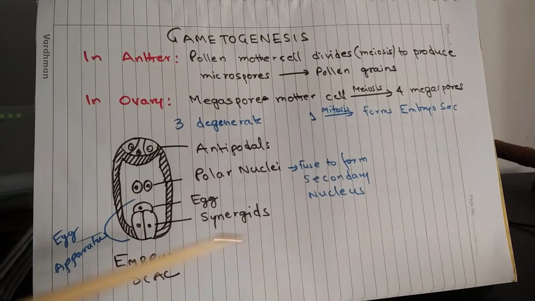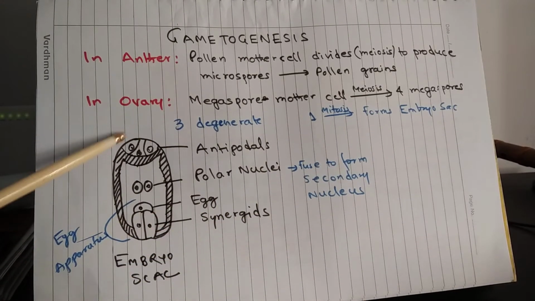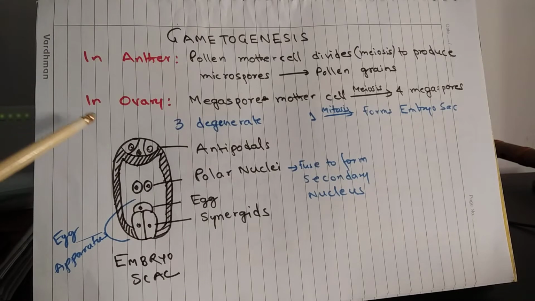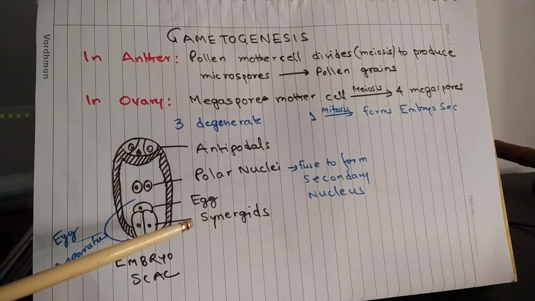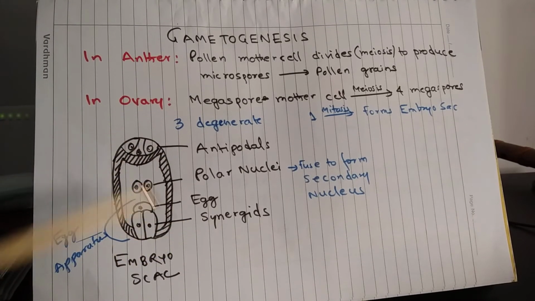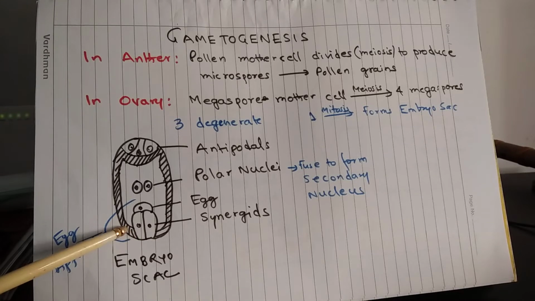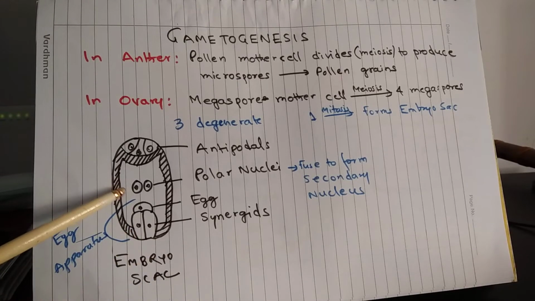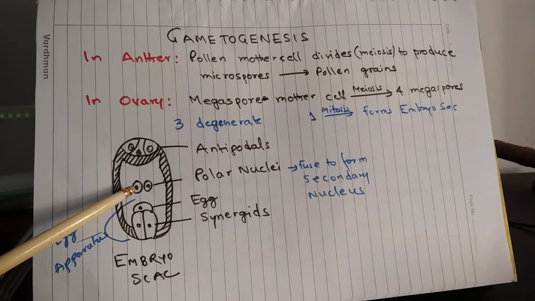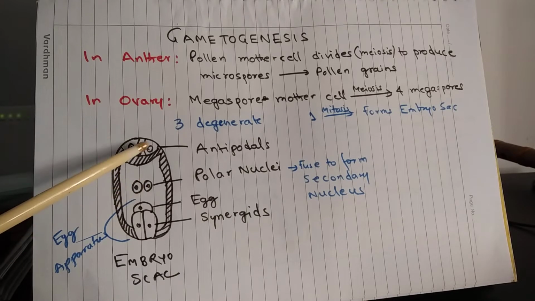Now, this is the structure of the embryo sac. The embryo sac has 3 distinct parts. One part is called the egg apparatus, the second part is called polar nuclei, and the last part is called antipodals.